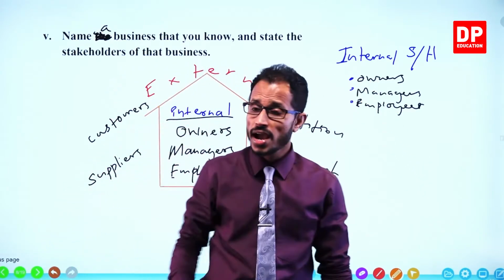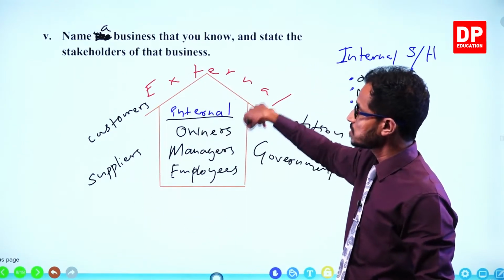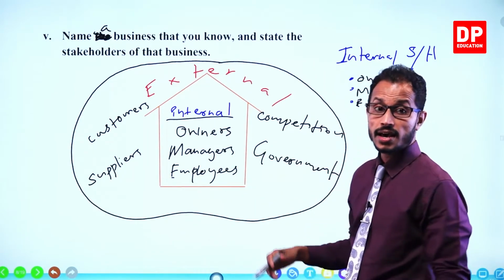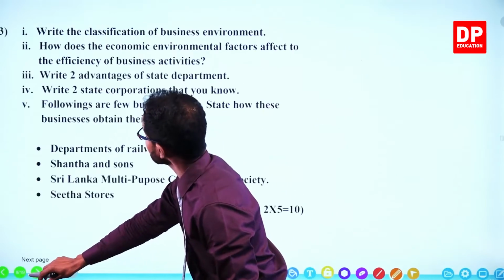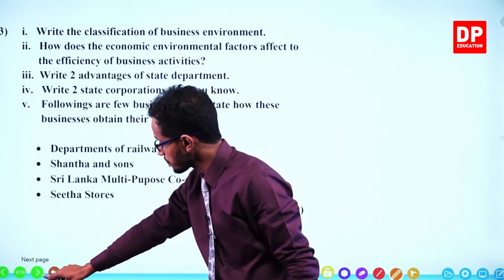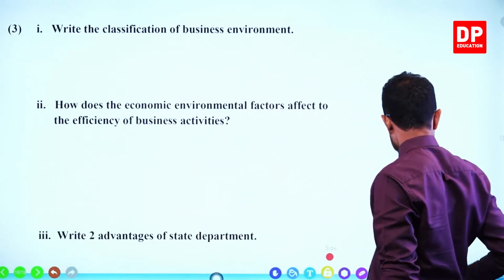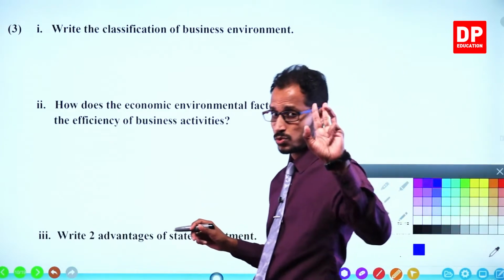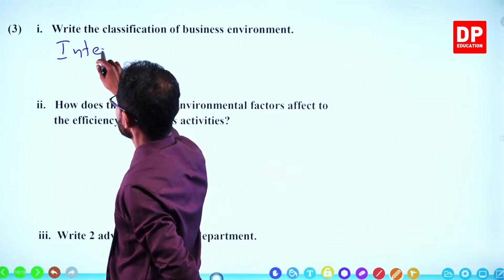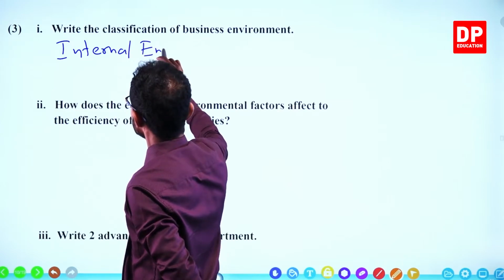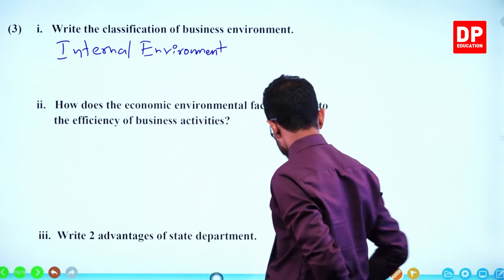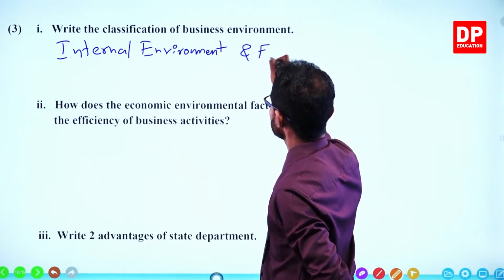But just to remind you, I drew this sketch. This is the entire answer to the next question, the classification of business environments. So without drawing, I'll just write internal environment and external environment.